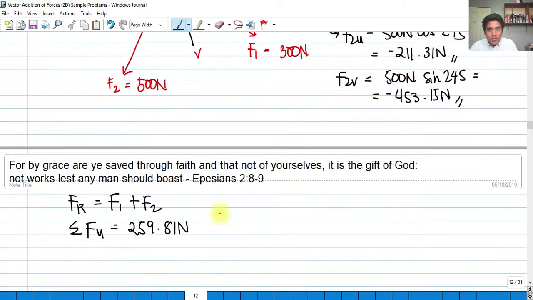F2U is minus 211.31 newtons. So 259.81 minus 211.31 is 48.5 newtons.